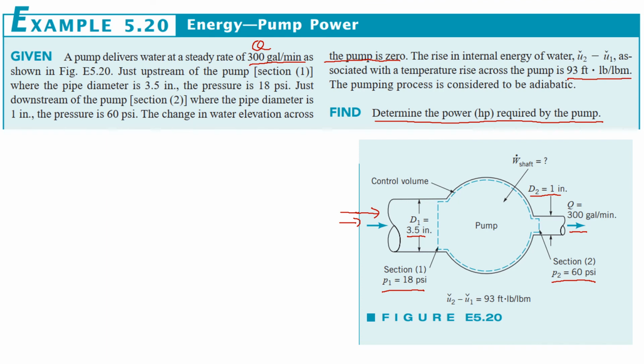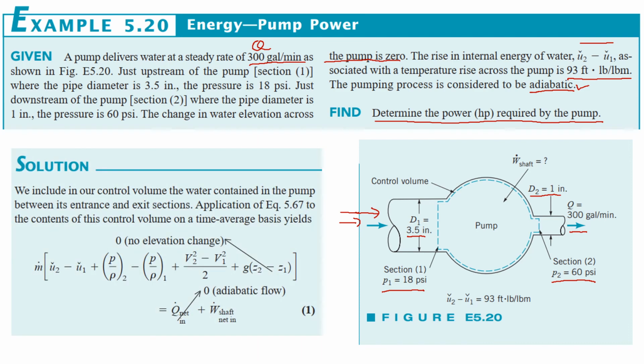The pumping process is considered adiabatic. So the rate of heat transfer will be considered 0 because the process is adiabatic, as we discussed in the previous slide. One of those conditions was the adiabatic condition. So that rate of heat transfer term will be equated to 0 in our energy equation now.